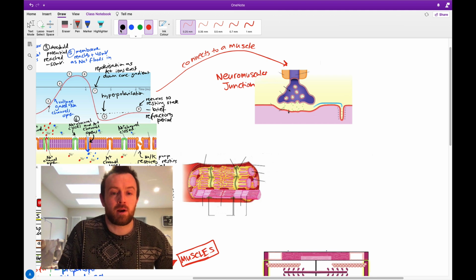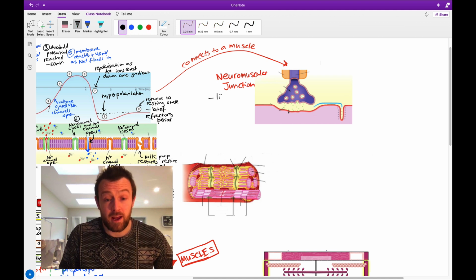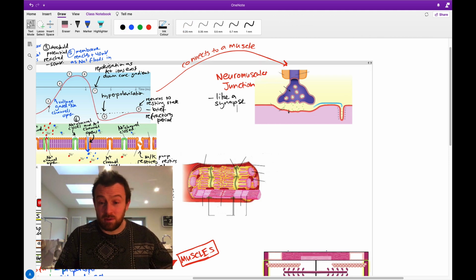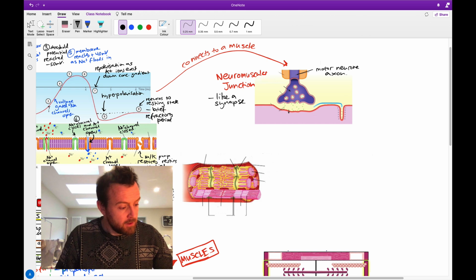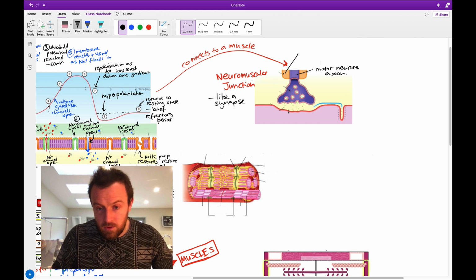And it's pretty much like a synapse. In fact, I'm not going to go over it in a huge amount of detail because it's so similar to a synapse, but I'll just label it. So if it is connecting to a muscle, then this type of neuron will be a motor neuron axon. And over here, this orange bit will be the myelin sheath.